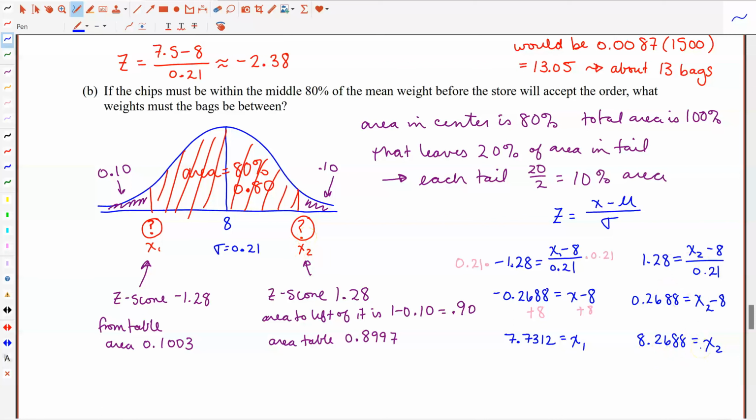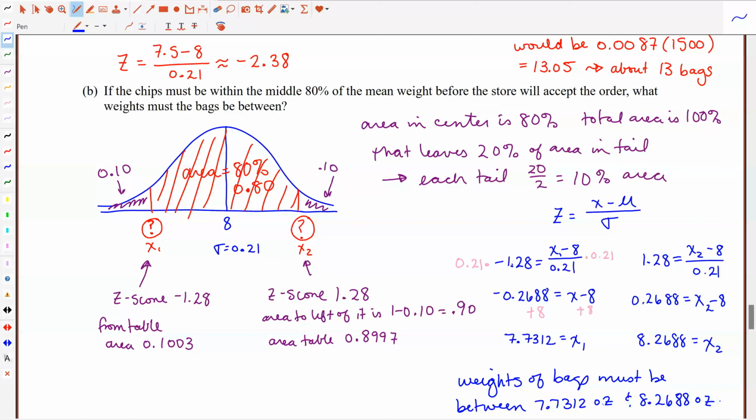So what we've just found here is that if I want to look at the chips that are within the middle 80% of that mean weight, the weights of the bags must be between 7.7312 ounces and 8.2688 ounces.